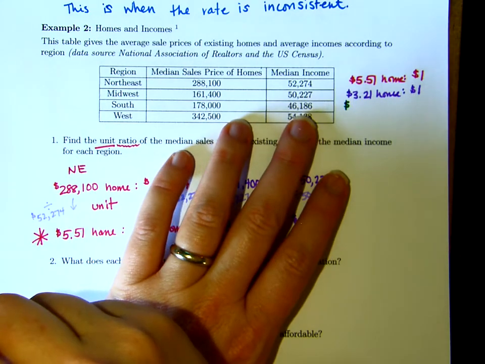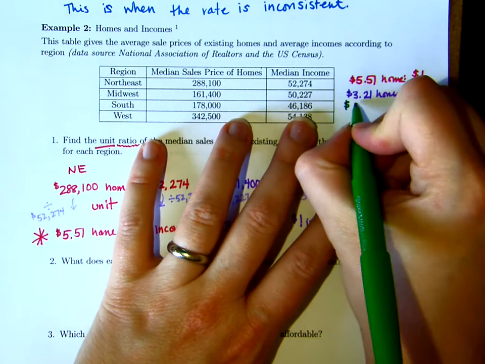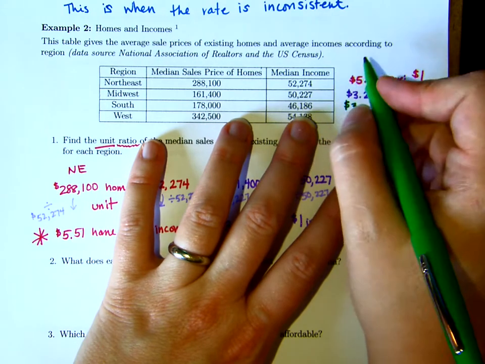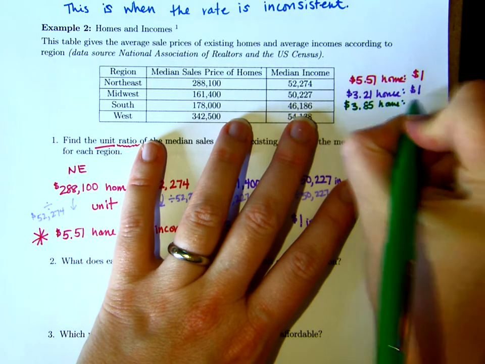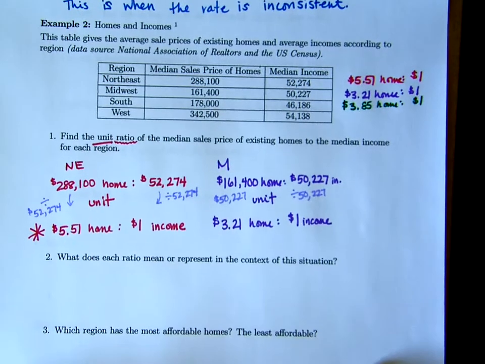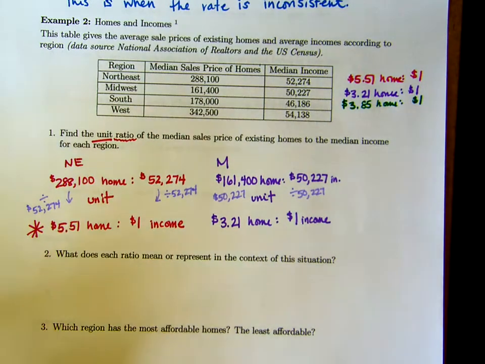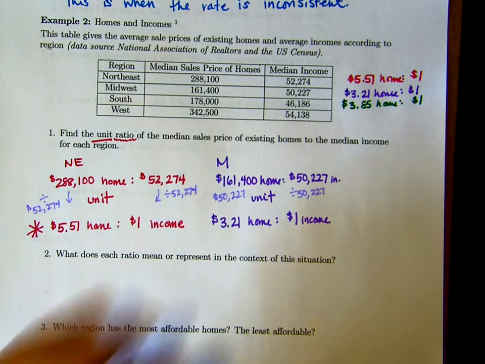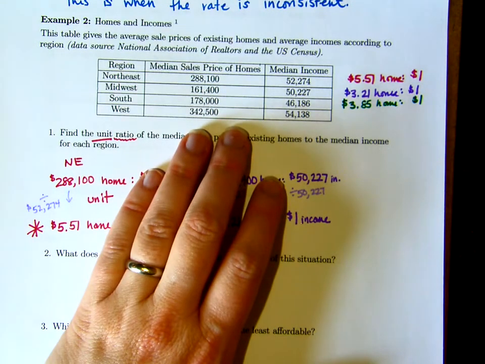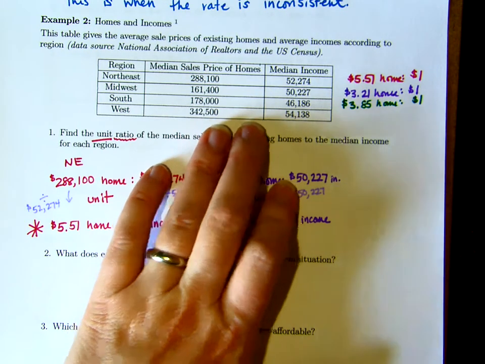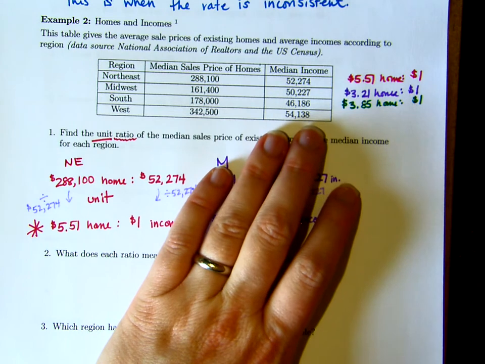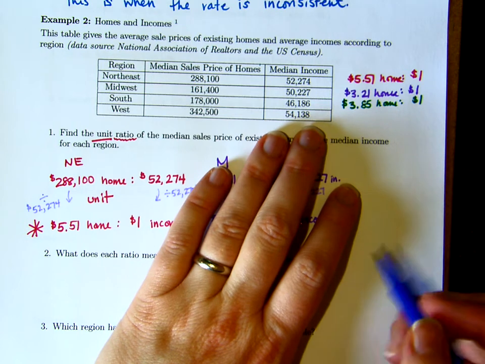Okay, in the South, you spend about $3.85 on your home for every $1 you make as an income. And then in the West, so how is this looking over in the West? $342,500 on your home for $54,138 of income.